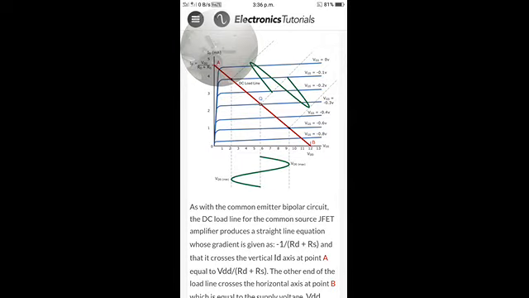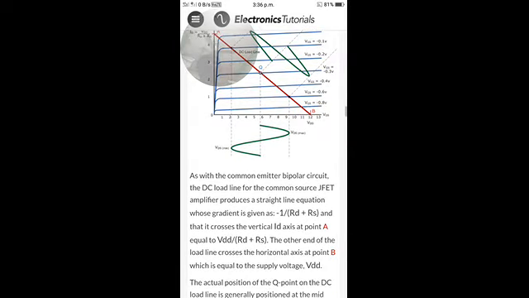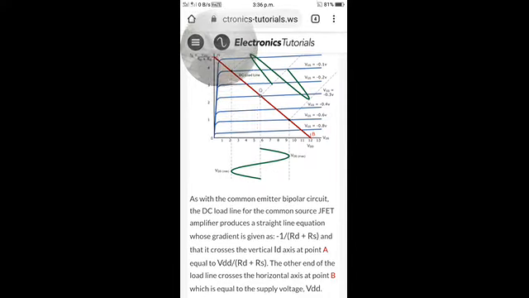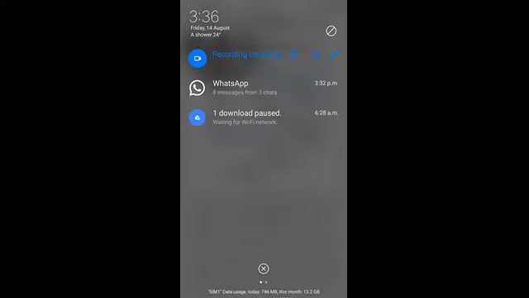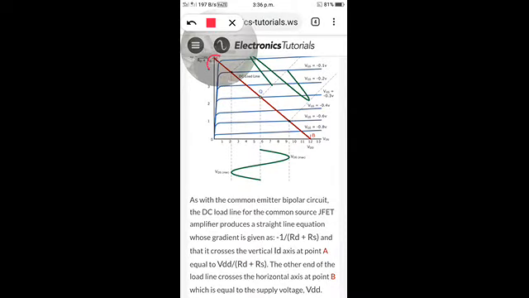The other end of the load line crosses the horizontal axis at point B, which is equal to the supply voltage VDD. So these are the 2 points: the line crosses the y-axis at VDD by RD plus RS, and the x-axis at VDD.